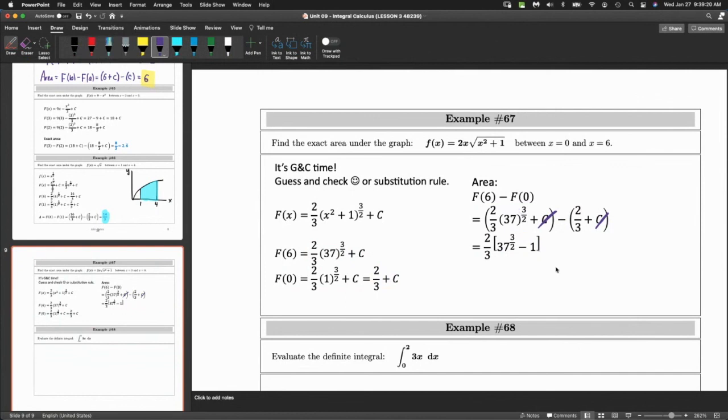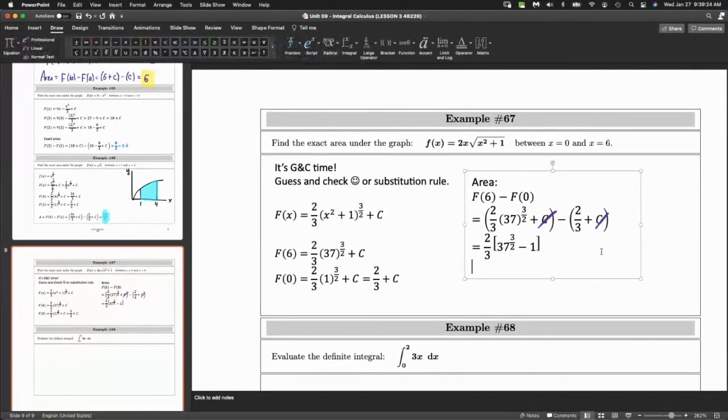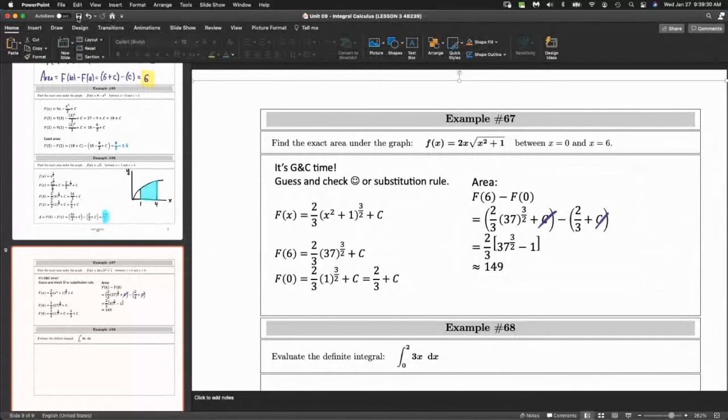So that's the answer. And if you want an estimate or an approximate there, that's approximately 149 units squared, whatever the units are in this question. So there you have it. This is how the area and the antiderivative are connected.